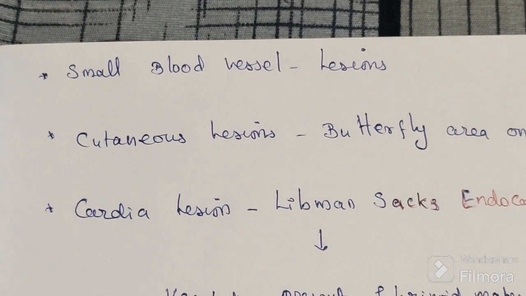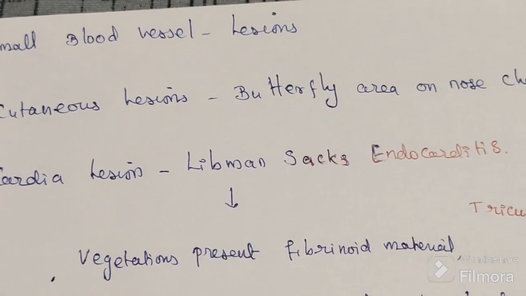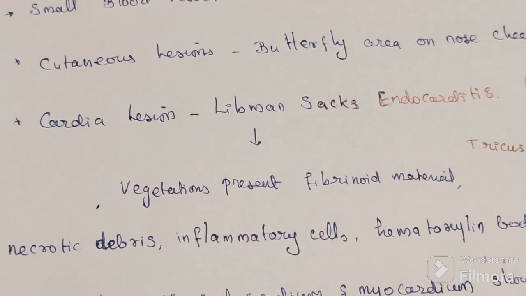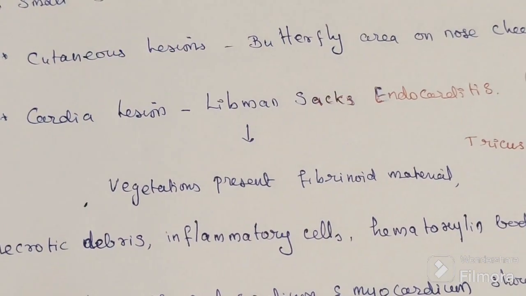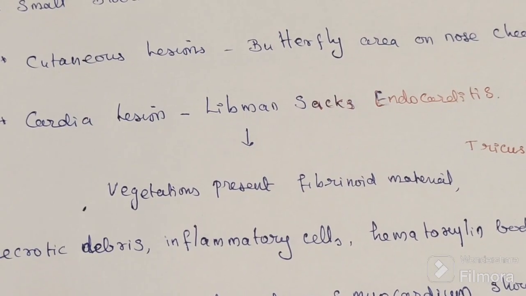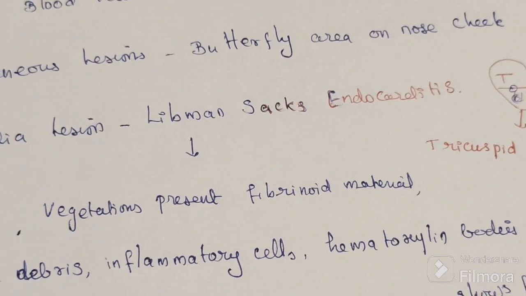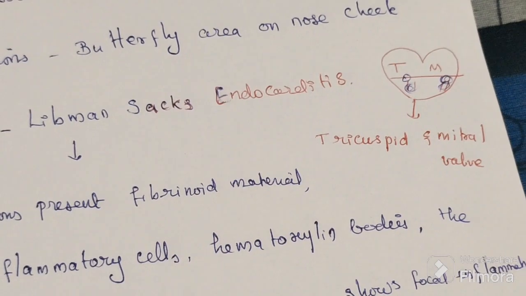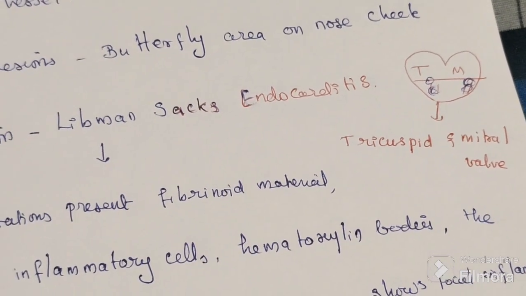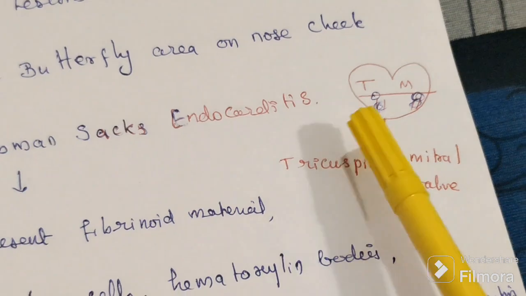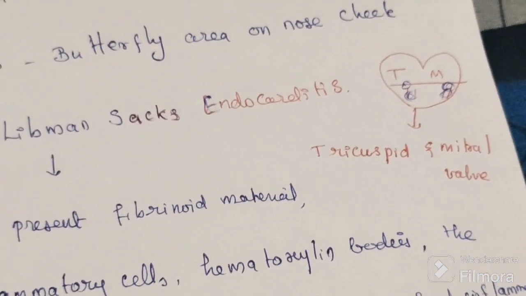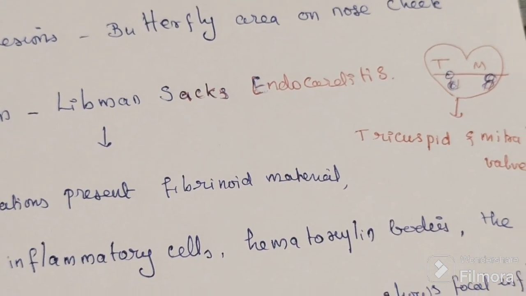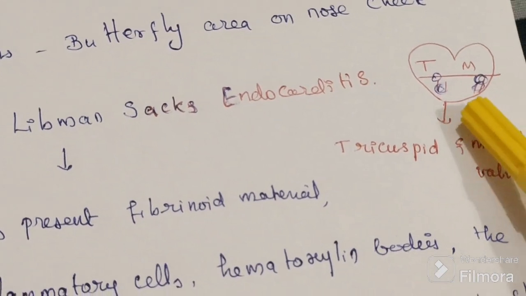In small blood vessels, it causes lesions, cutaneous lesions, butterfly area on nose and cheek. Then cardiac lesion. This one is Libman-Sacks endocarditis. What is Libman-Sacks endocarditis? It involves the tricuspid valve and mitral valve. Here, in the heart, on the mitral and tricuspid valves, vegetations are present.